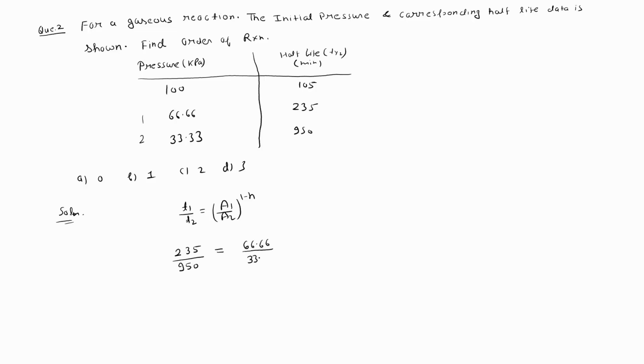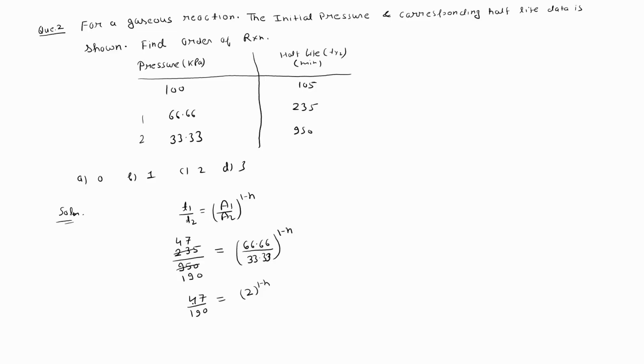A2 is 33.33, the whole power 1 minus n. Now divide by 5. 47 and 190. This is 2, so this is 47 divided by 190, and this is to the power 1 minus n.